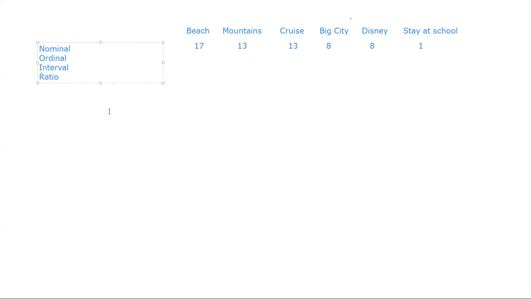And when we first learned about these, I said that the interval and the ratio scales are the only ones where we have equal intervals, and with ratio, an absolute 0 point. We can create meaningful averages.